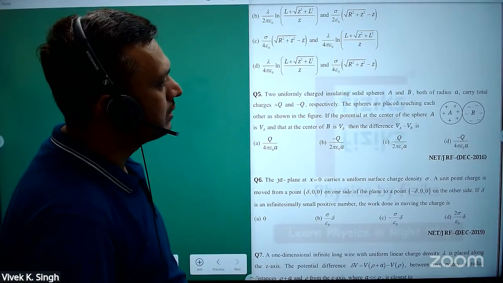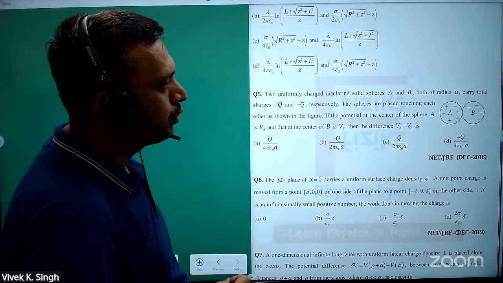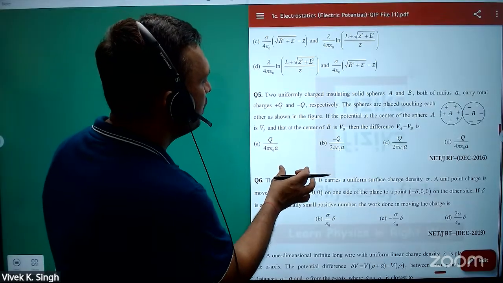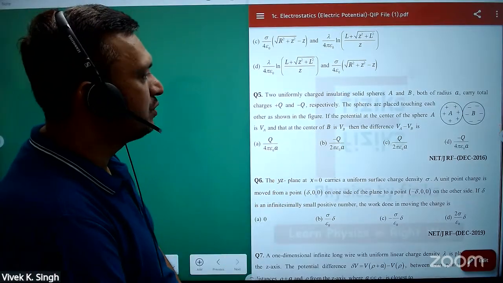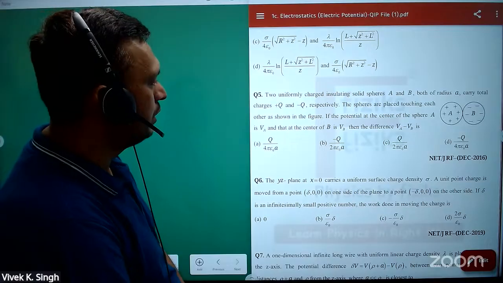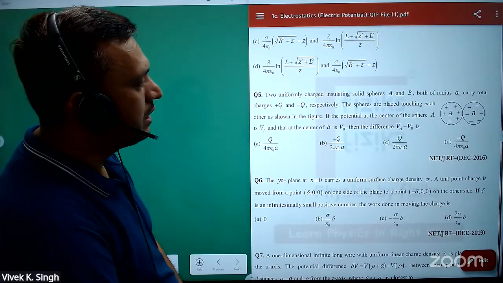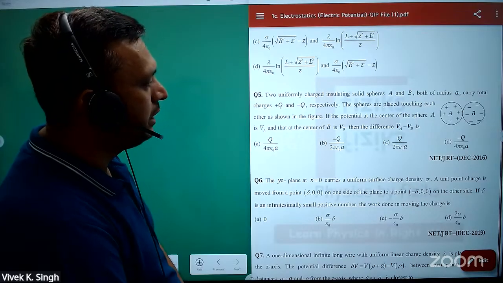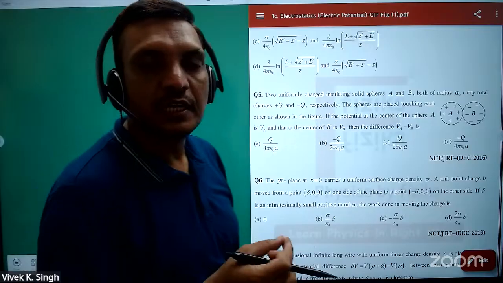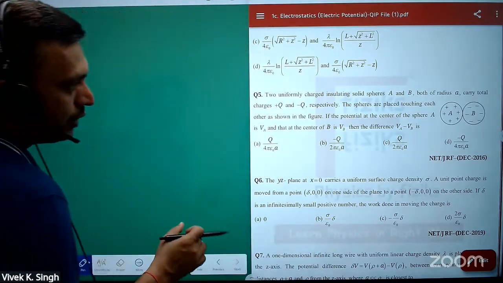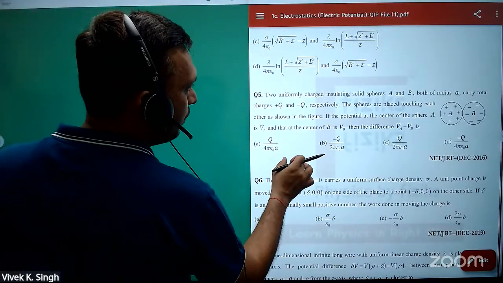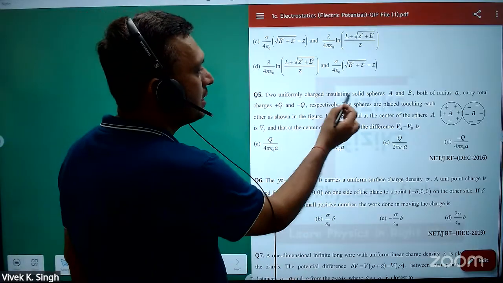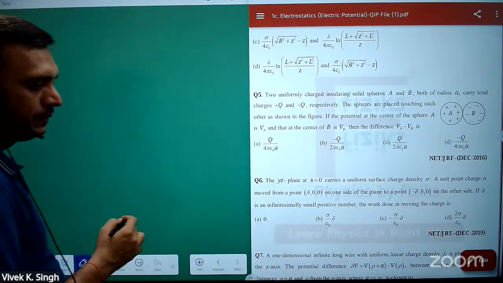Spheres A and B, both of radius a, carry total charges plus q and minus q respectively. The spheres are placed touching each other as shown in the figure. If the potential at the center of sphere A is VA and that of B is VB, then what will be the potential difference between A and B? So we have to first see what is the potential due to a uniformly charged dielectric sphere. Let's see.